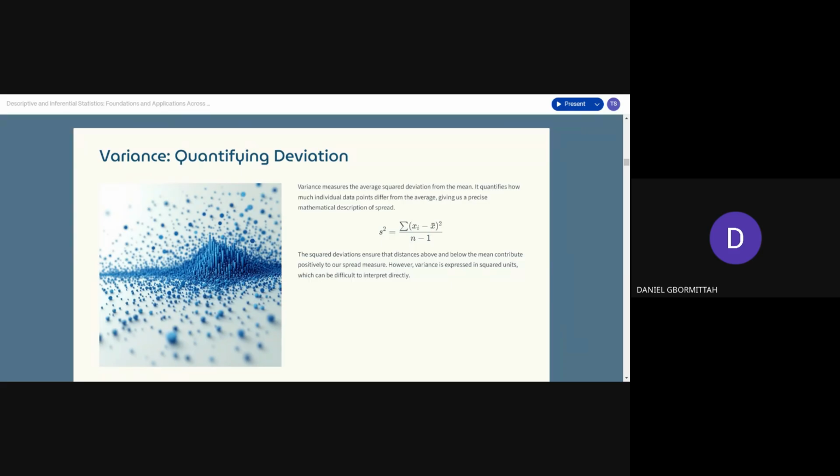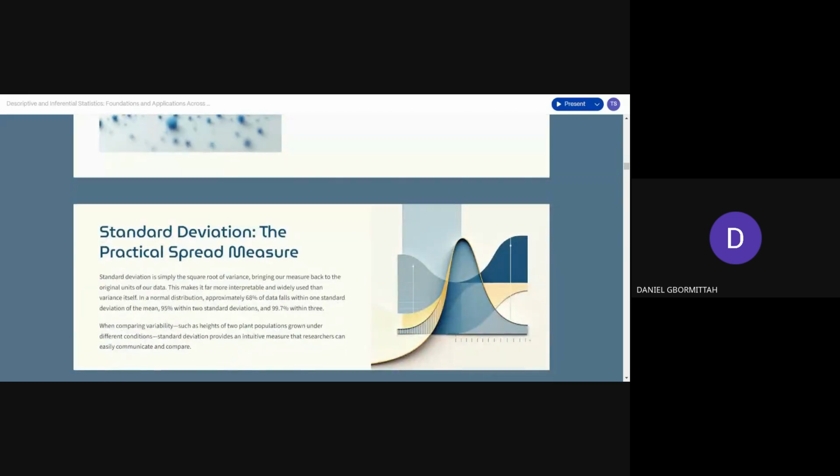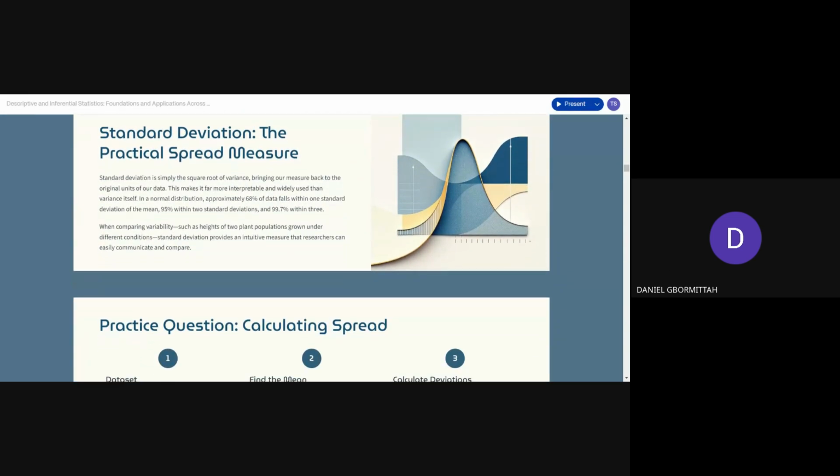But when the sample is large enough and almost equal to the population, n-1 is approximately equal to n, so we use n for such calculations.